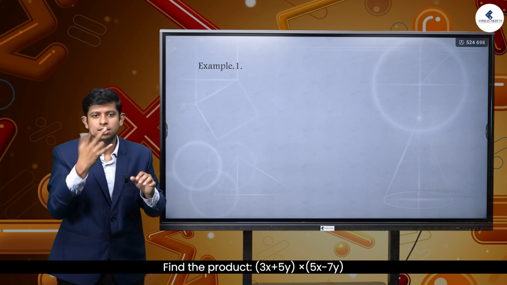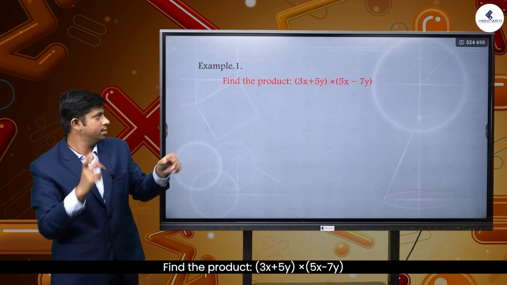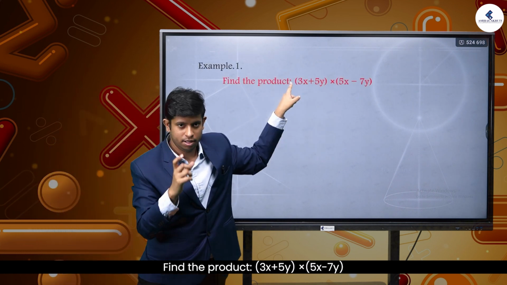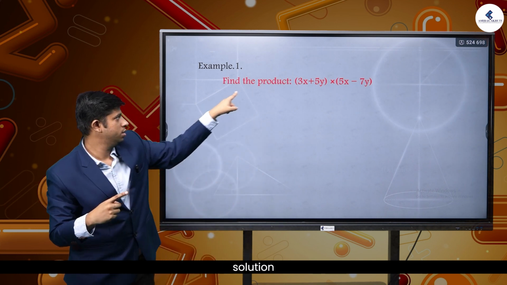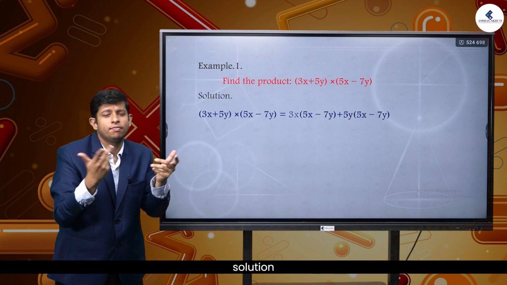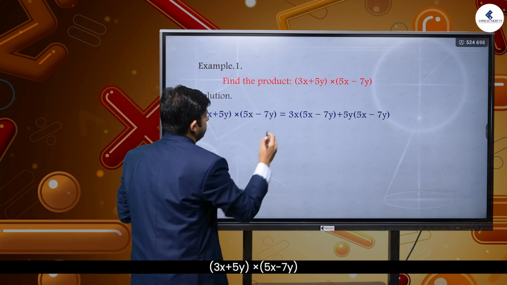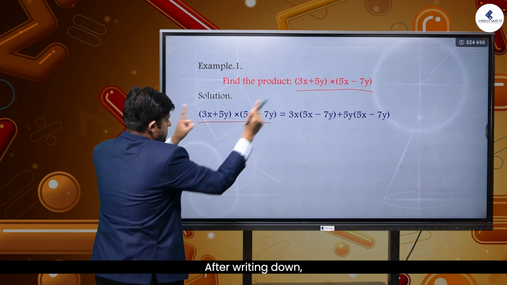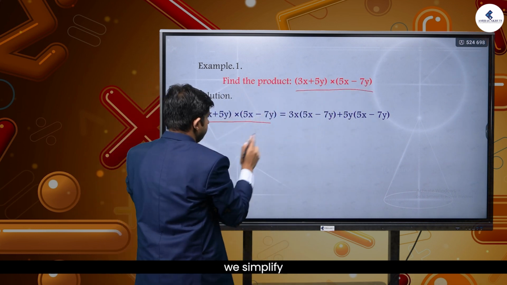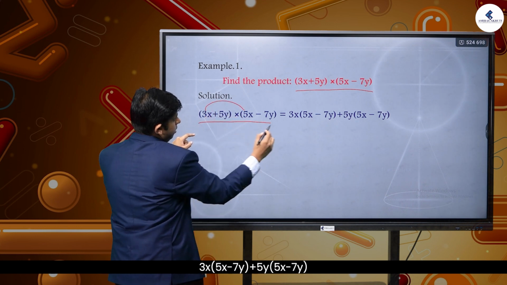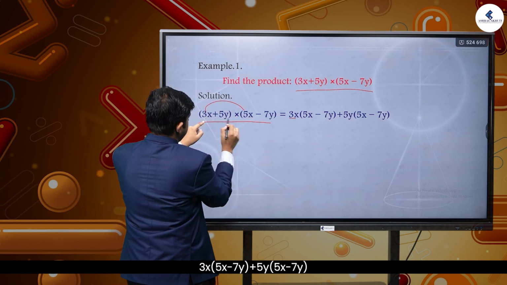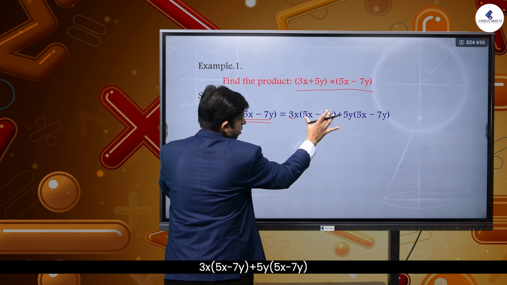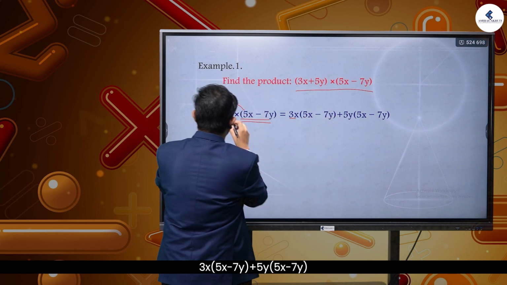Example, find the product of 3x plus 5y and 5x minus 7y. Solution, (3x plus 5y) into (5x minus 7y). After writing down, we simplify 3x into (5x minus 7y) plus 5y into (5x minus 7y).